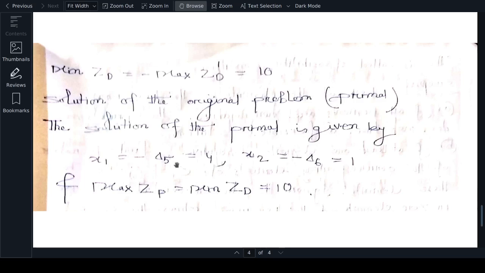You consider either slack or surplus, because in some problems all variables are greater than or equal to, so all are surplus. Then you consider x1, x2 serially and maintain that. The preference will be like this, because W5 is before W6, x1 is the first one and W6 is after W5, so we consider this x2.